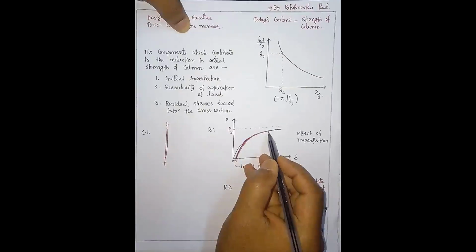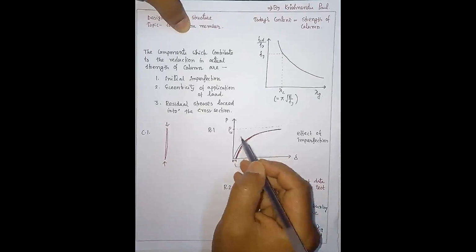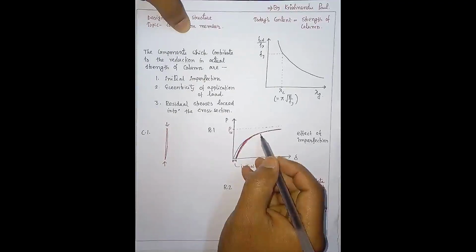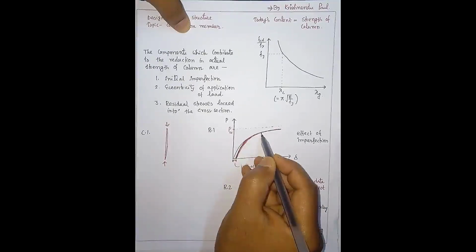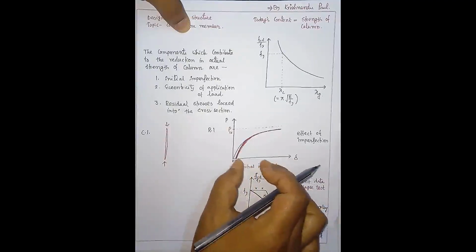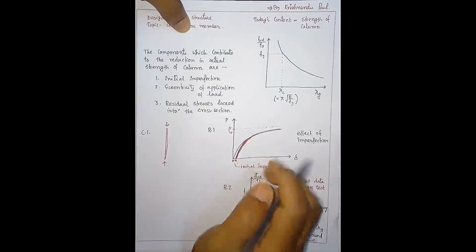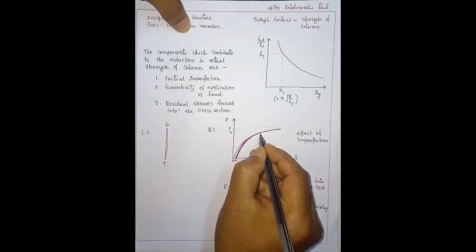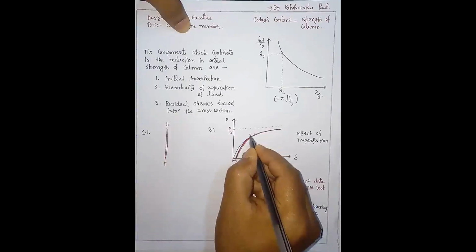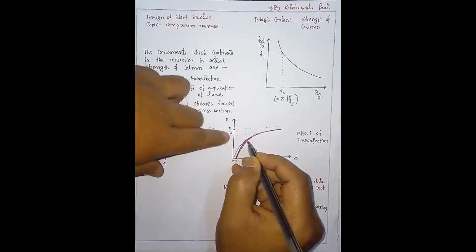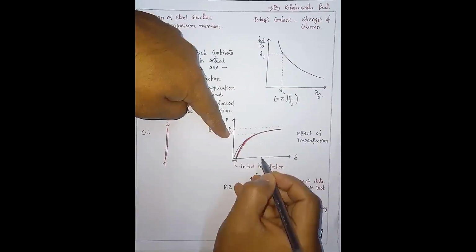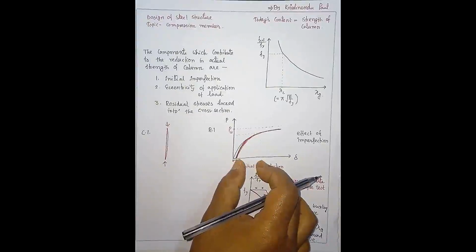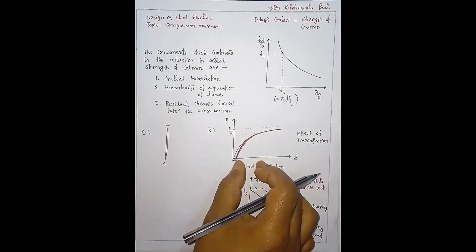And when the load at any point is below this PCR, the column will show more deflections. Suppose the load is this, at this value the column will show this amount of deflection, so it may not be serviceable in that condition, so we can say the column has failed.